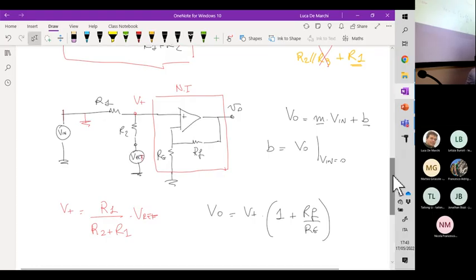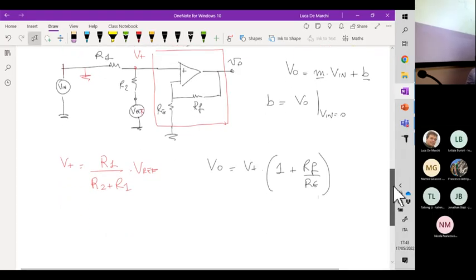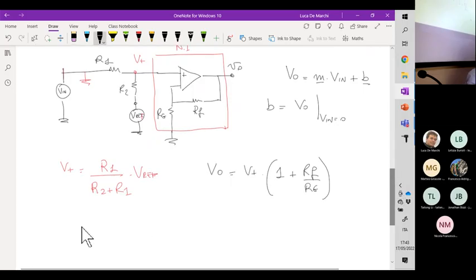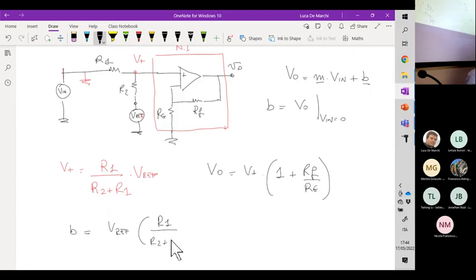So basically, we can set B as V reference times R1 over R2 plus R1 times 1 plus RF over RG.